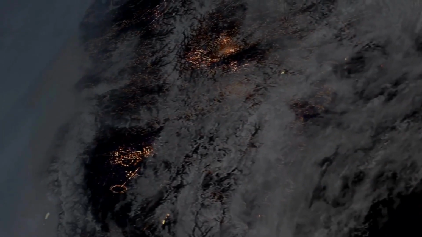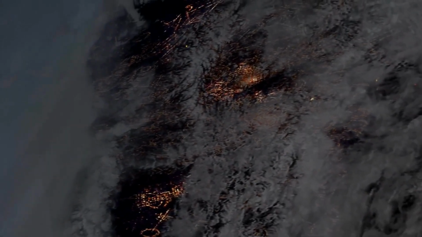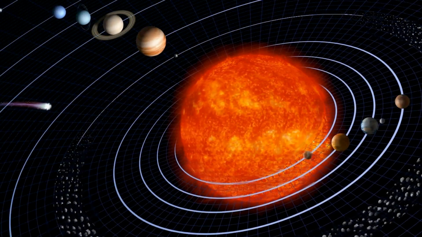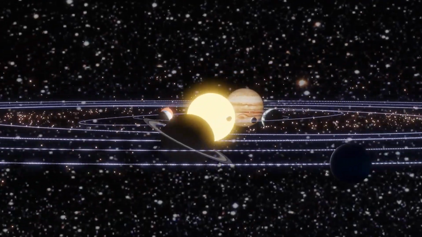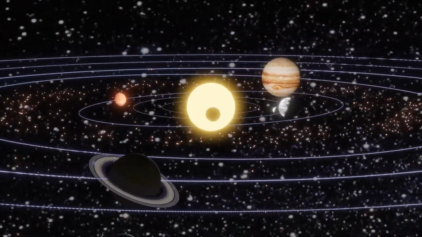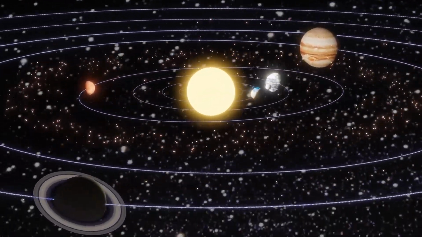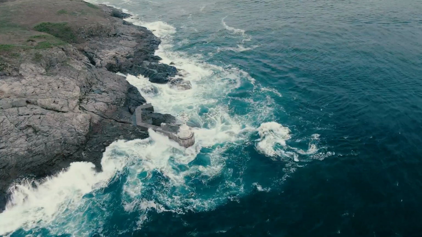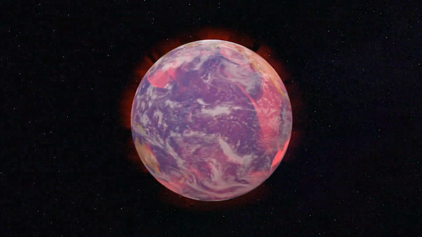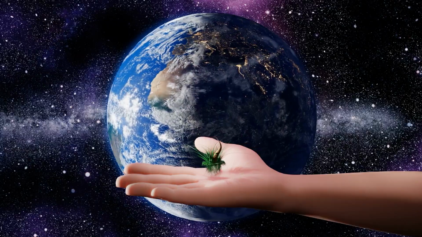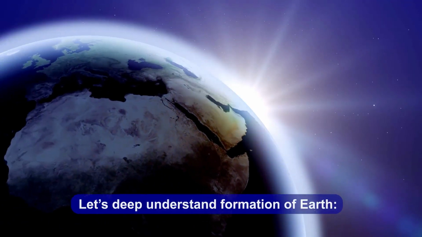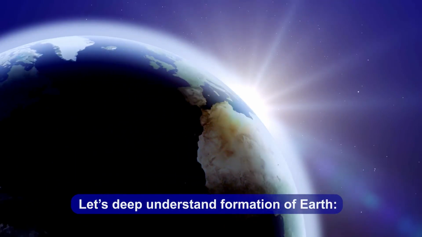The atmosphere and oceans also undergo changes influenced by the sun, moon, and other factors. Unique in our solar system, Earth supports life. Factors such as its atmosphere, oceans, and climate have played crucial roles in the development of life on our planet. Let's deep understand the formation of Earth.